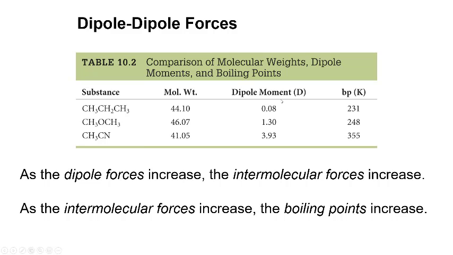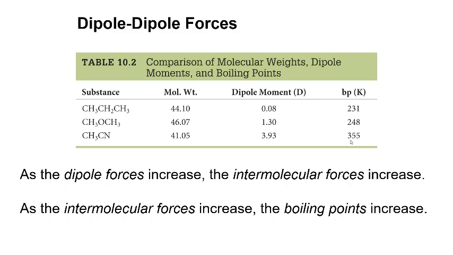Okay, so as we go to higher dipole moments, these molecules are going to be held stronger together. And so we can observe here that the stronger that intermolecular force that's holding it together, the higher the boiling point becomes. Okay, so let's conceptualize this for a second.